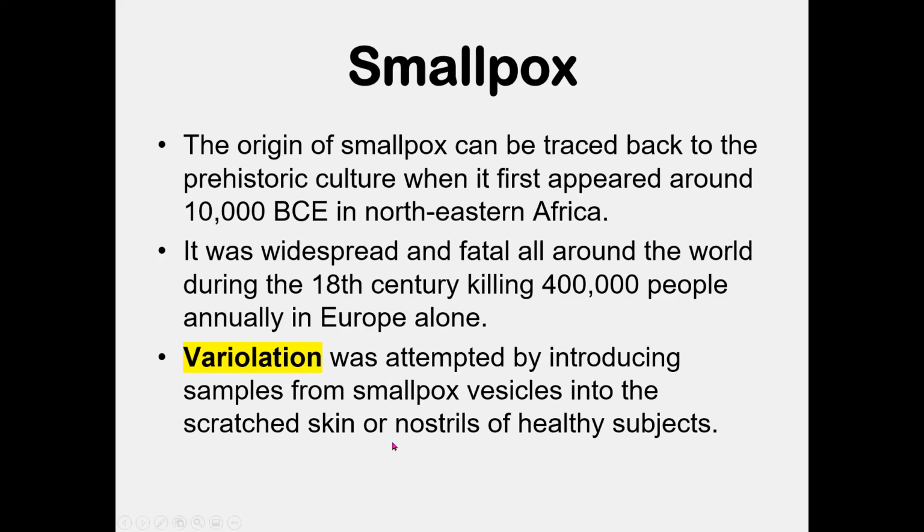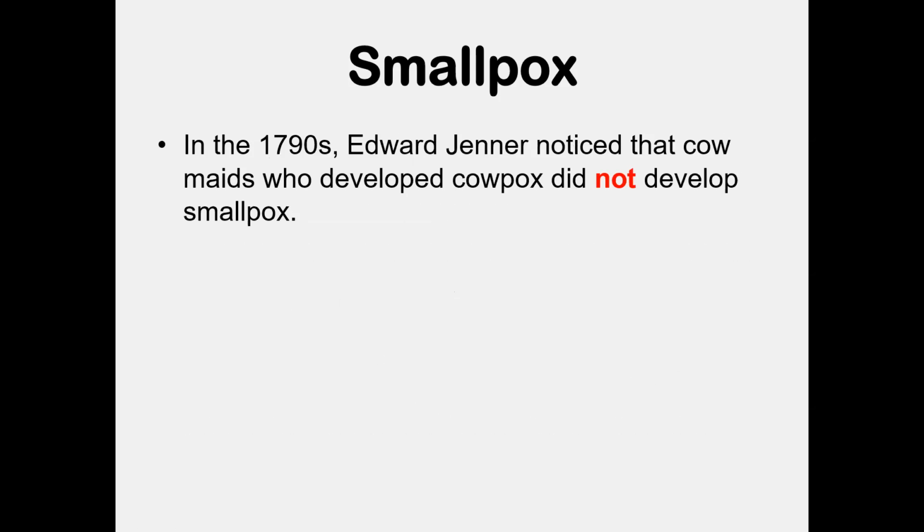And with smallpox, variolation was attempted, and I'll get to that, by taking samples from smallpox vesicles. So little bubbles that form in the skin, with a little bit of liquid in them, and scratching the skin or the nostrils of a healthy person and introducing some of this liquid.